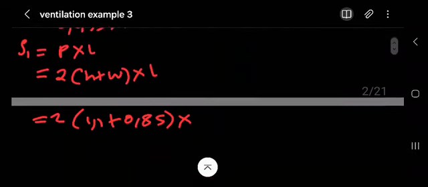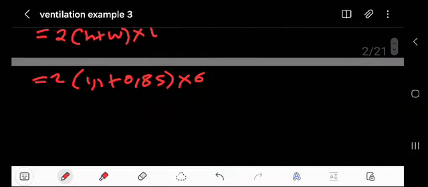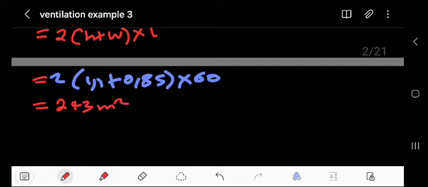If you punch this, you're supposed to get 243.